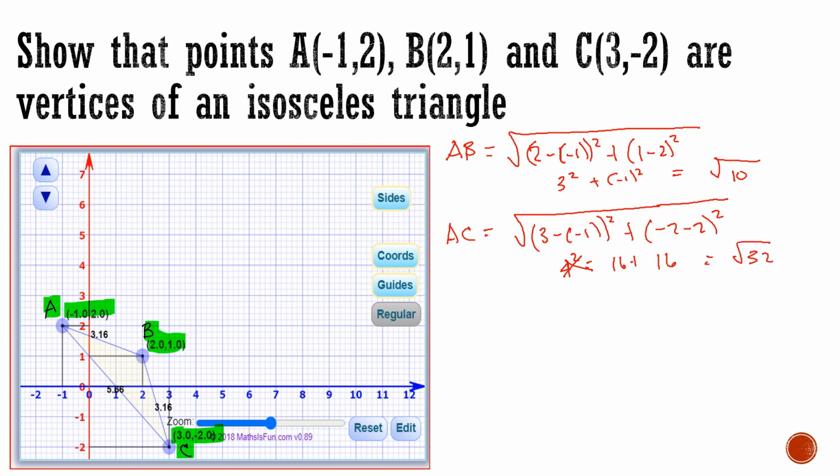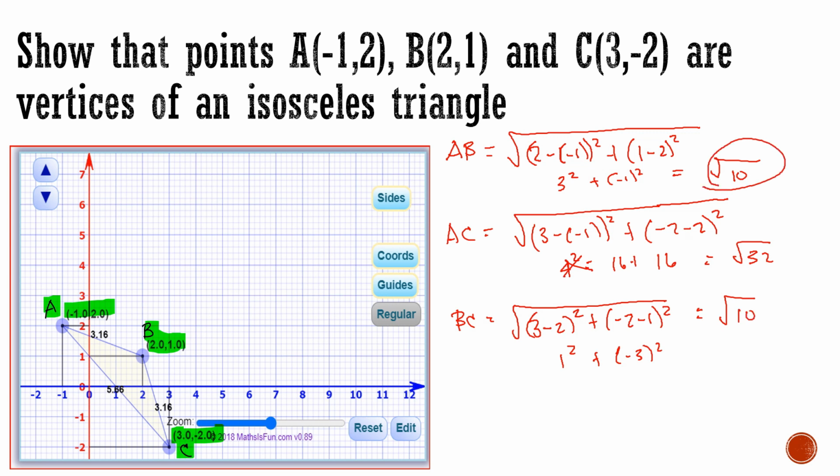And finally, we have BC. What is BC? The square root of 3 minus 2 quantity squared plus negative 2 minus 1 quantity squared. Okay. This will be 3 minus 2, that will be 1 squared plus negative 3 quantity squared. This will be 9 plus 1, square root of 10. There you have it.